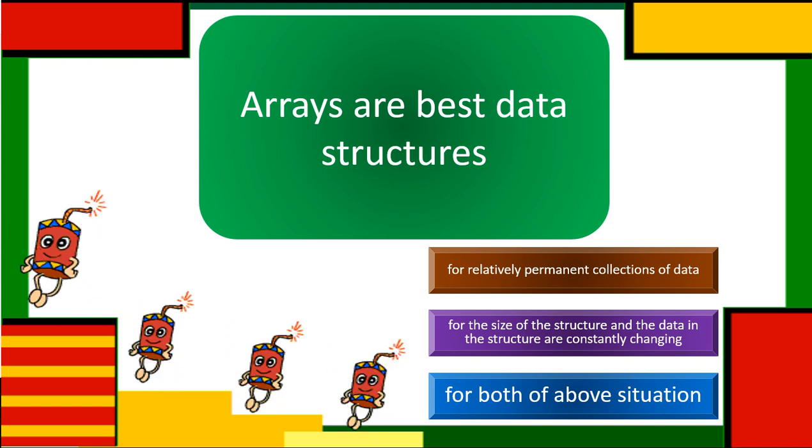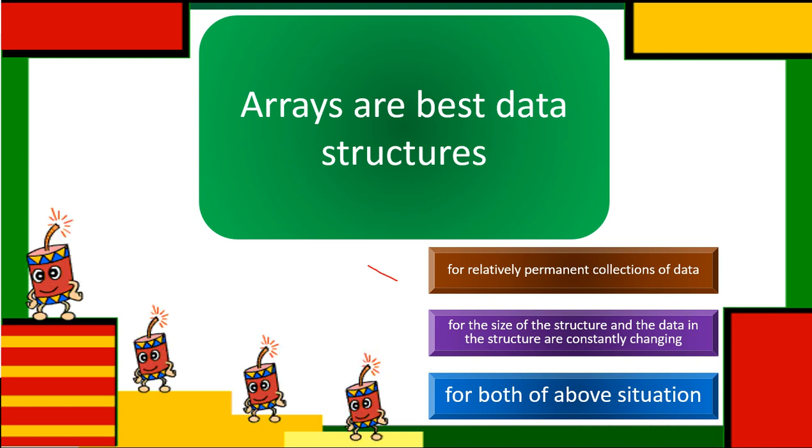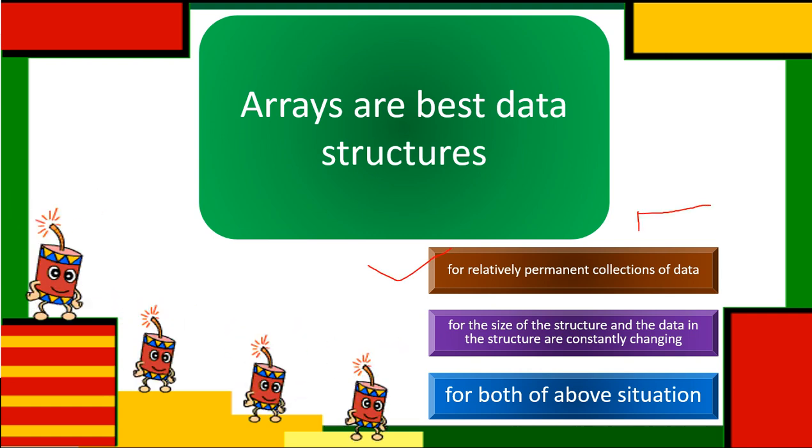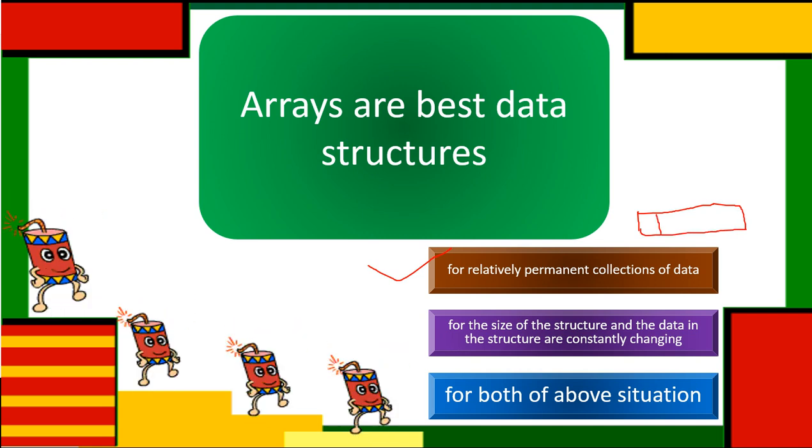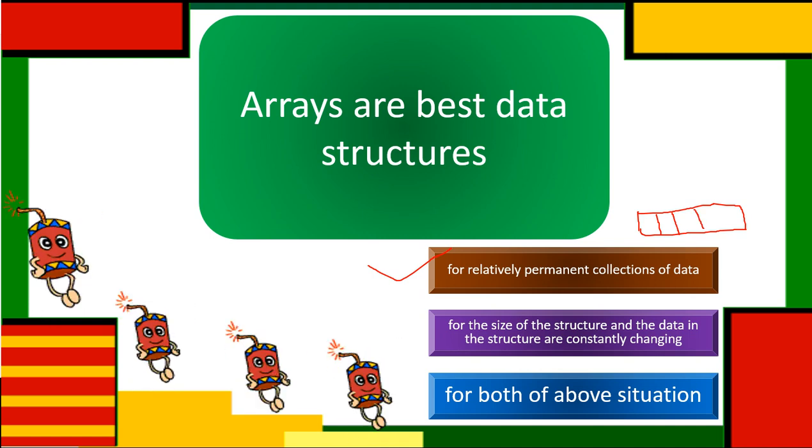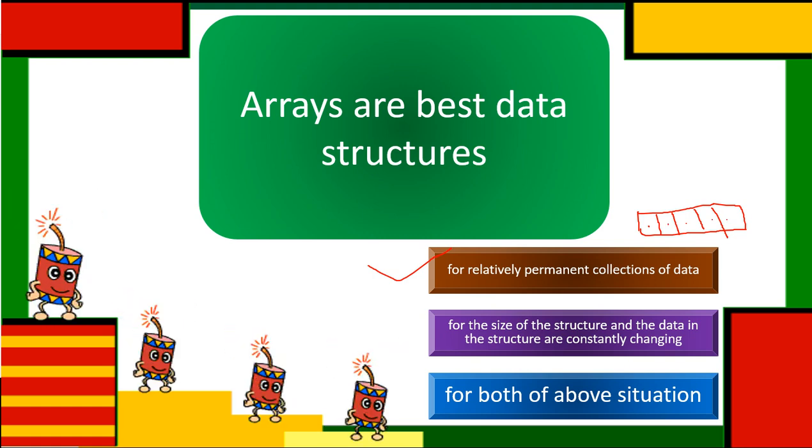For a relatively permanent collection of data, this is good for this scenario. So this is the correct answer, because in this case we have relatively permanent data, so arrays are the best data structure, since such data is stored in arrays.